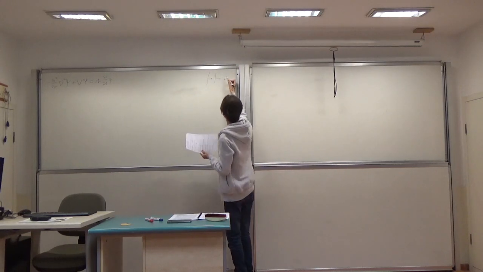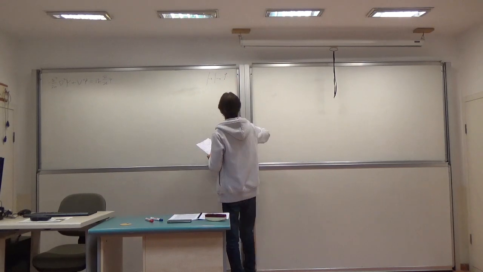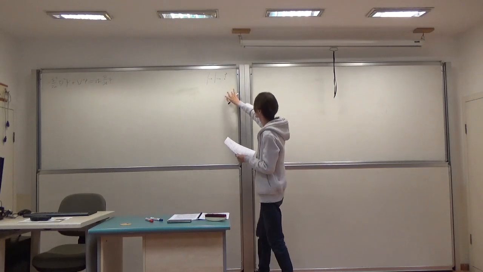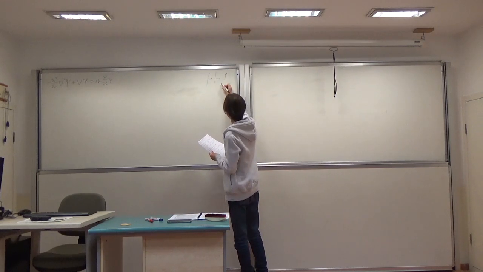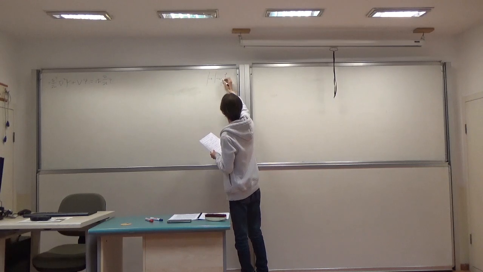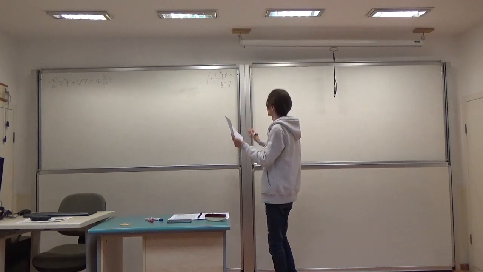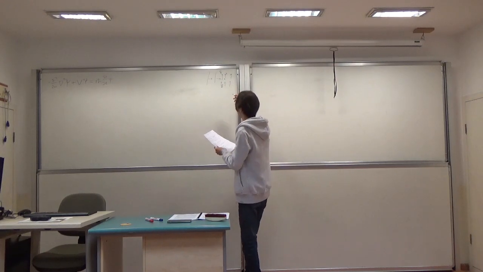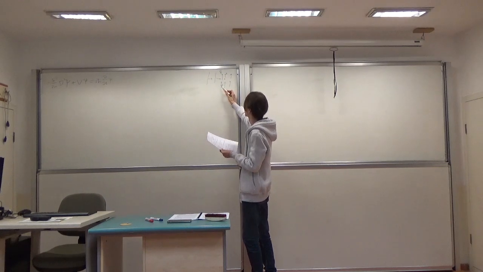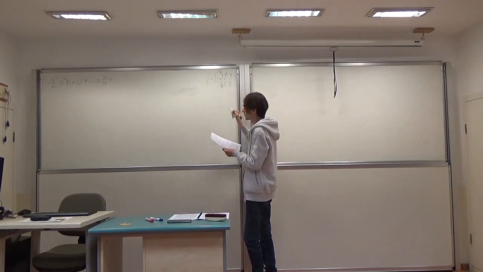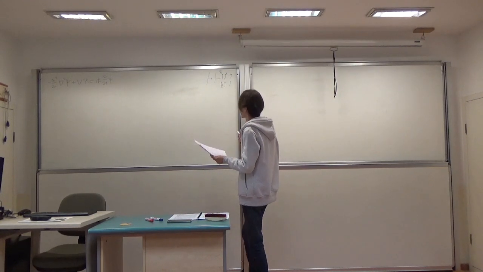Let's say here is the z direction. In this field, at all points, the electric field points in the z direction and it's uniform, so the electric field vector is the same everywhere.